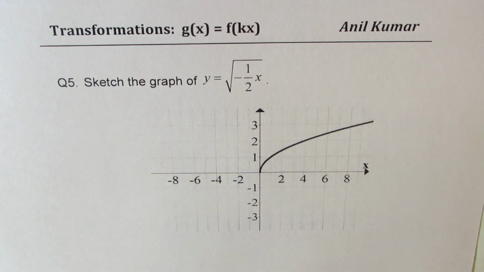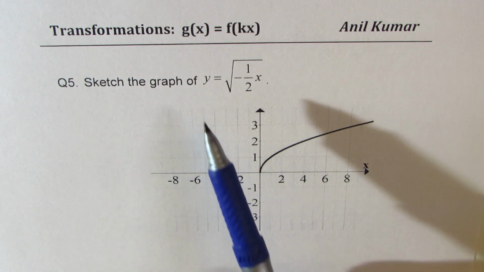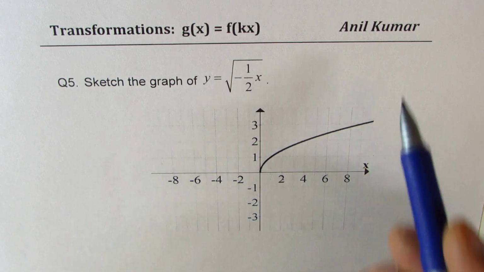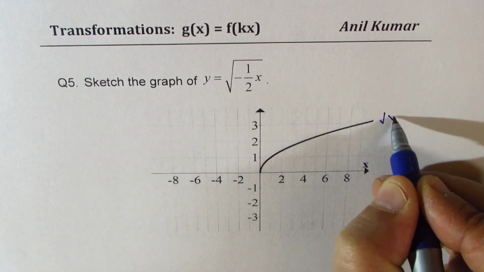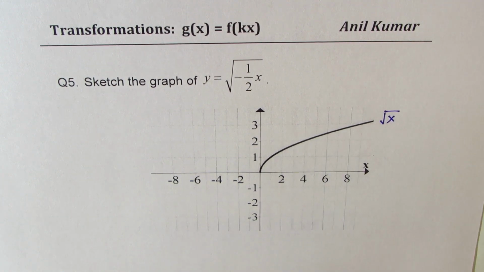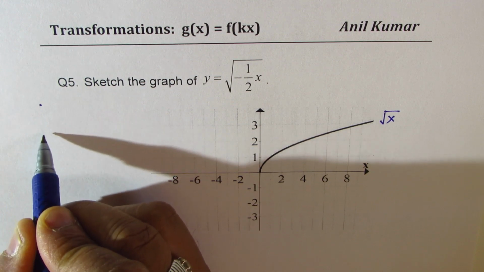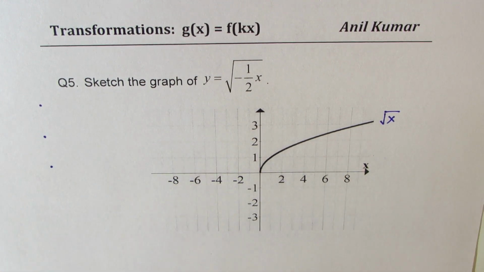The last question here is similar to what we did while explaining. So now we have to sketch the graph of y equals to square root of minus half x. We are given the graph for the function square root x here. So as we have learned, here we have 3 transformations, right? We have a combination.